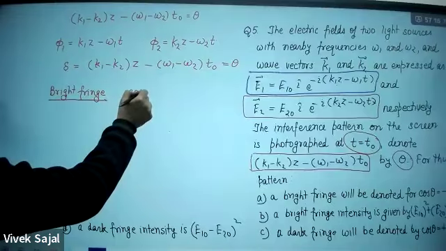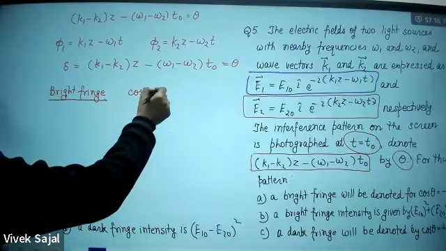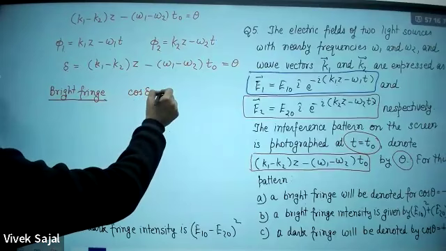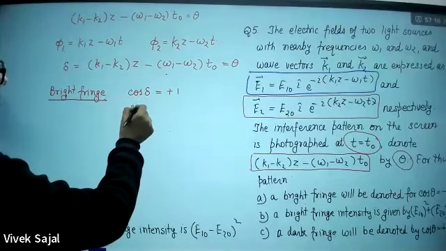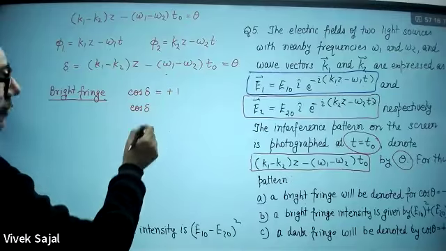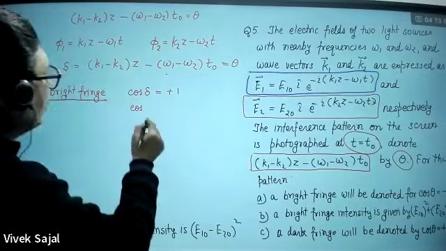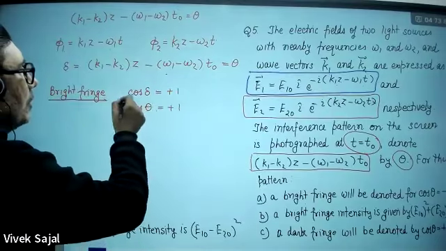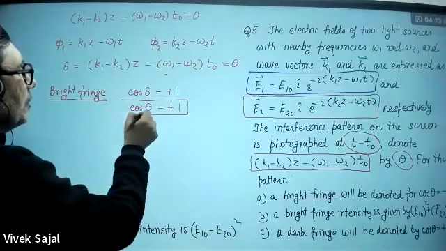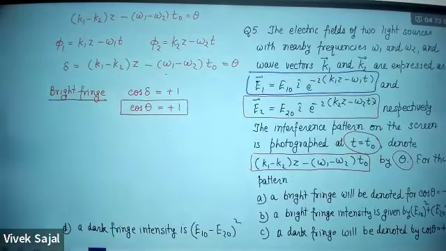That should be cos delta, the phase difference, equal to +1. But delta is theta, so my condition for the bright fringe should be cos theta equal to +1.